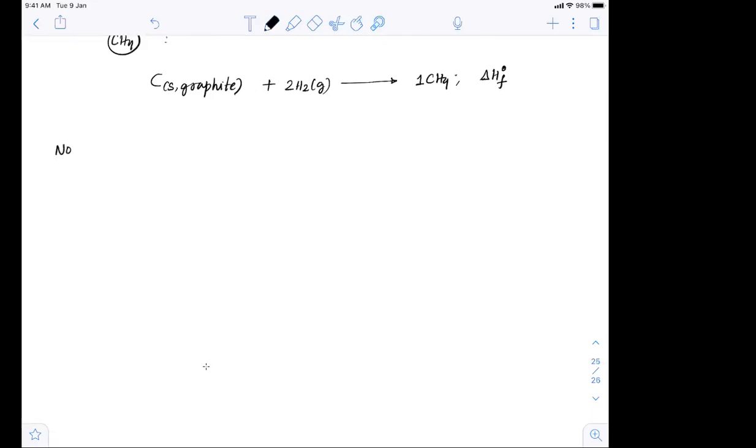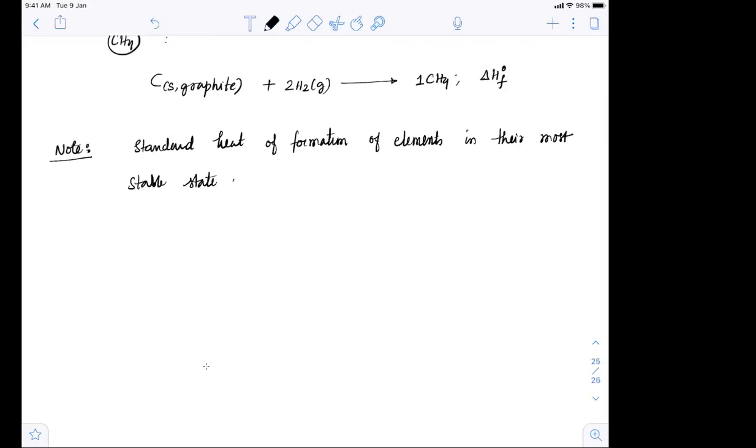One very important note is that the standard heat of formation of elements in their most stable state of aggregates is taken to be 0.